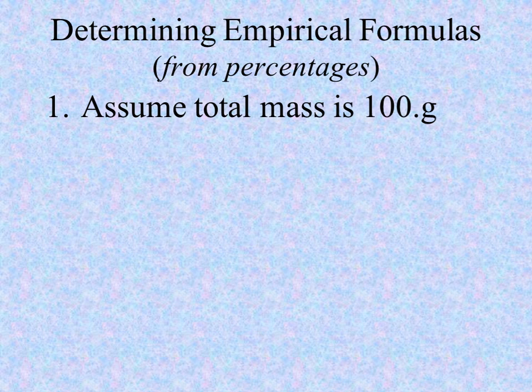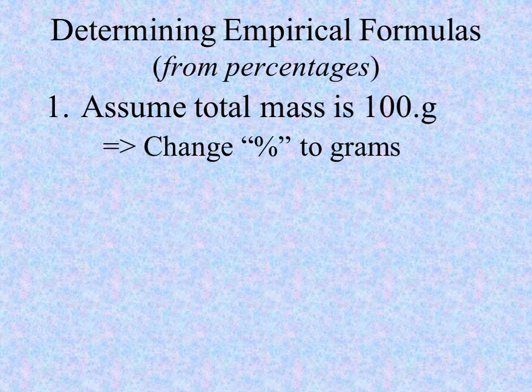Well, the simplest way to get to that point with the least amount of extra calculations and conversions is simply to assume that you have 100 grams of the sample. That way, your percentage just turns right into the grams.